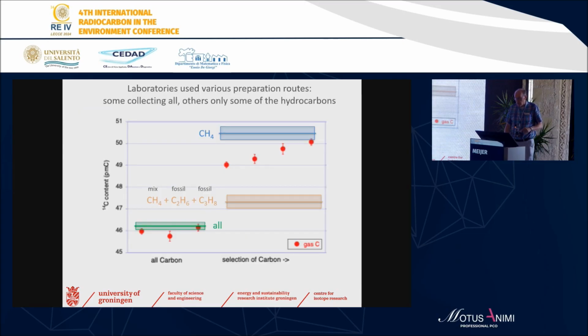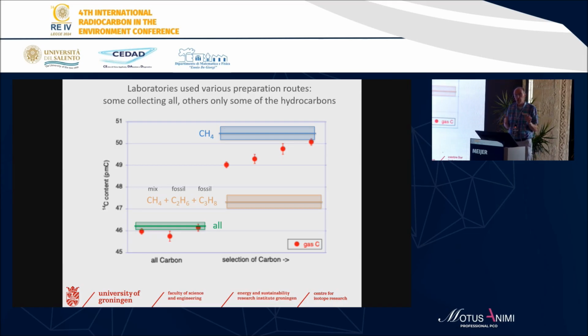Yes, so if you look at the various preparation routes, as I said, some collect all of the carbon-containing molecules, and others only some, and some do that on purpose, and some do that accidentally. And in this scheme, you see one of the mixtures, the one with 45 bio, the green bar to the left, and the measurements, that is the labs that supposedly collect all the carbon-containing molecules, whereas the 4 red points to the right, you see there is selectivity of the carbons.